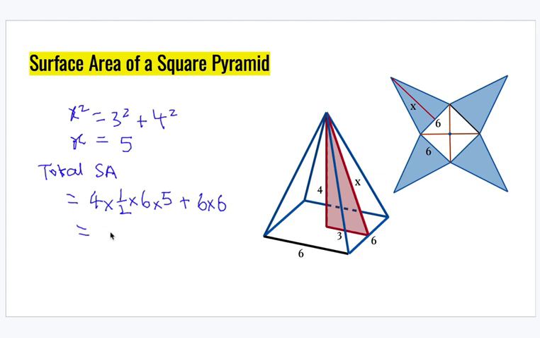This is 4 times 2 is 30 (actually 4 times half times 6 times 5), 30 plus 36 is 96 cm squared.